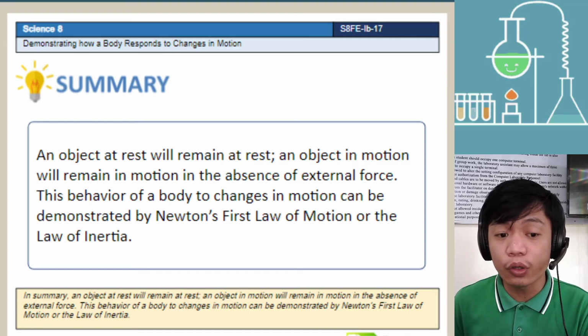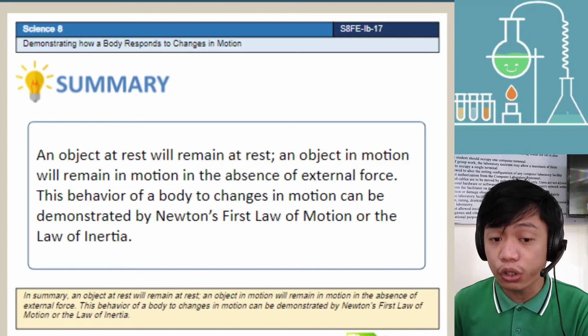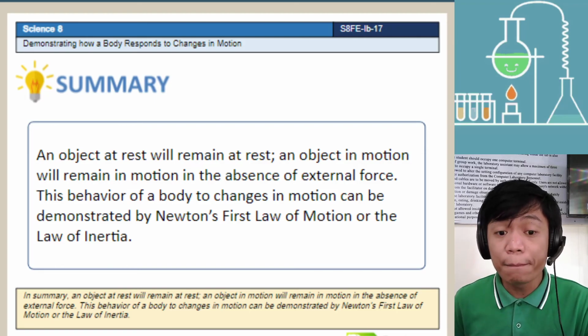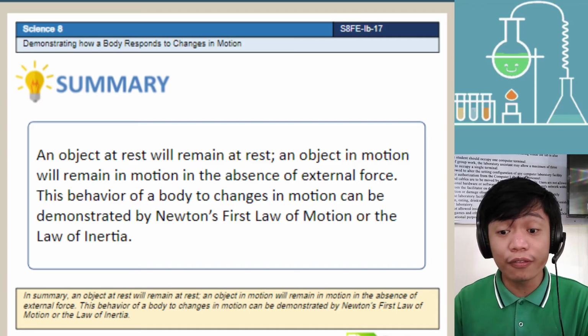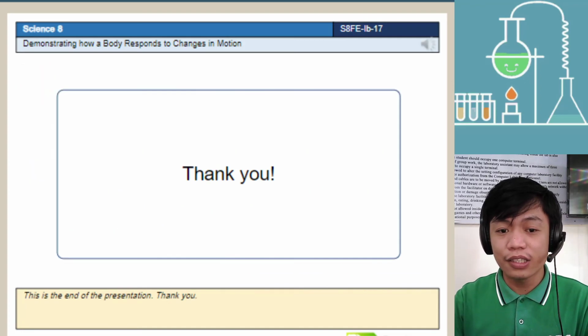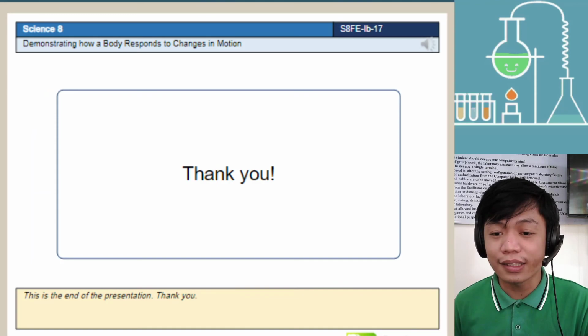So, this behavior of the body to changes in motion can be demonstrated by the first law of motion, or the law of inertia. So, that ends my presentation.